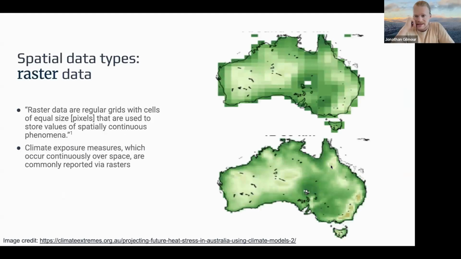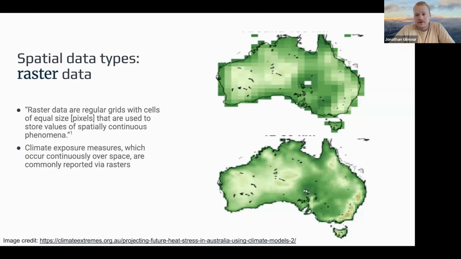So the next type of spatial data we're going to talk about is raster data. Raster data are grids of cells of equal size. These are pixels that we use to store values of spatially continuous phenomena. So we often report climate exposure over rasters.